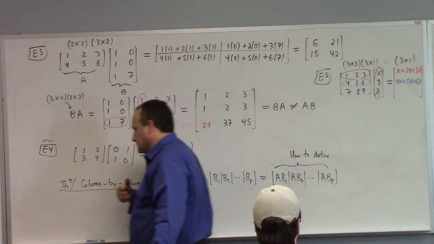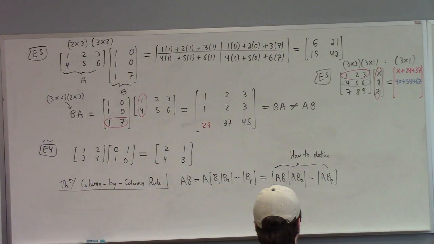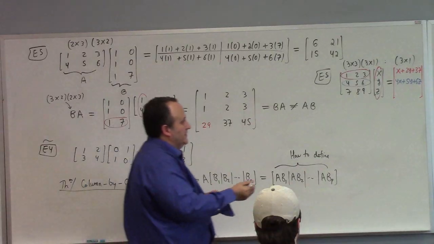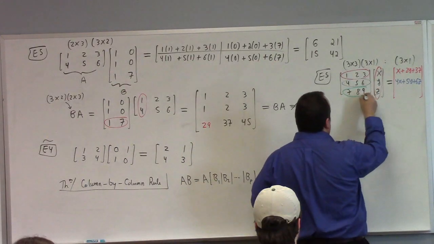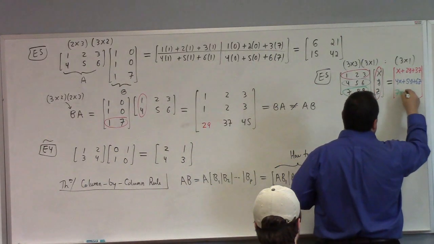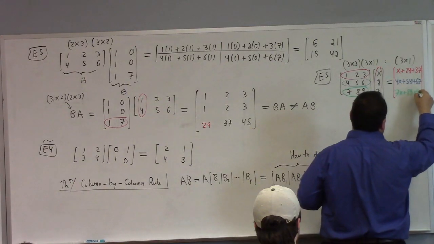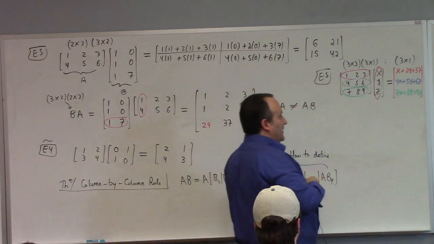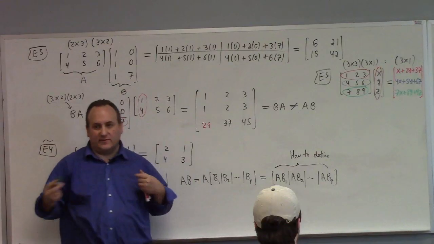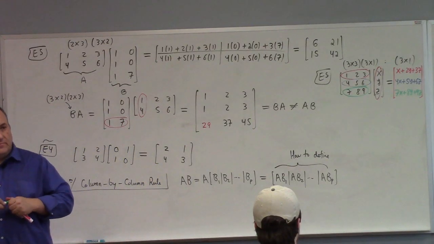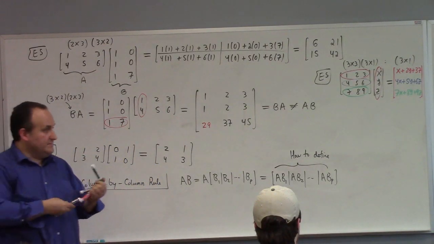And then you take the dot product of the third row with the column, and you get 7x plus 8y plus 9z. Right. So this is how we multiply a matrix by a column. If you want, I can give you the general definition.